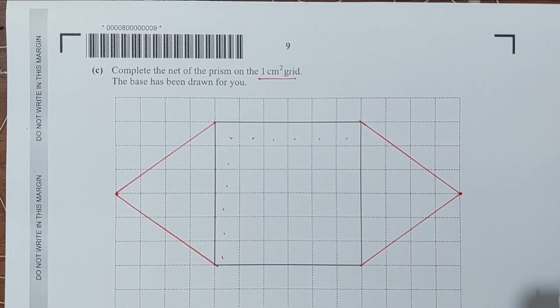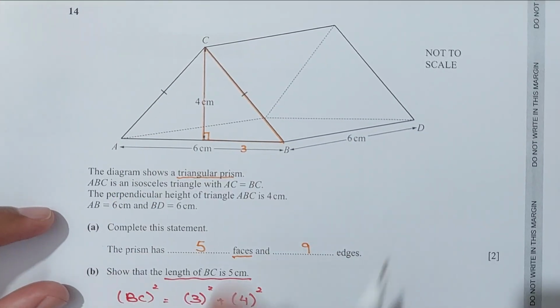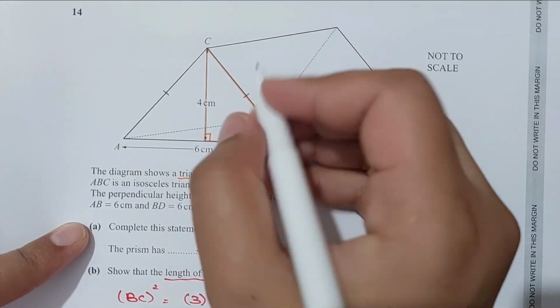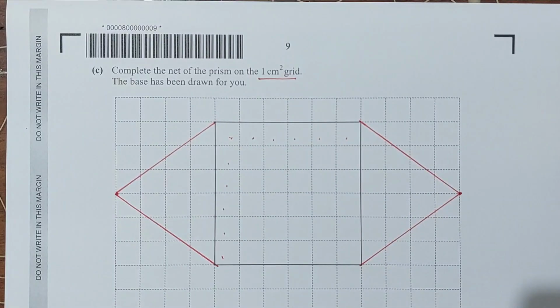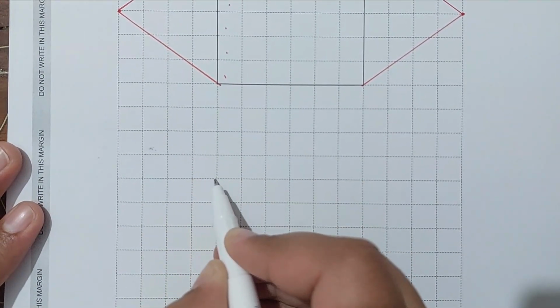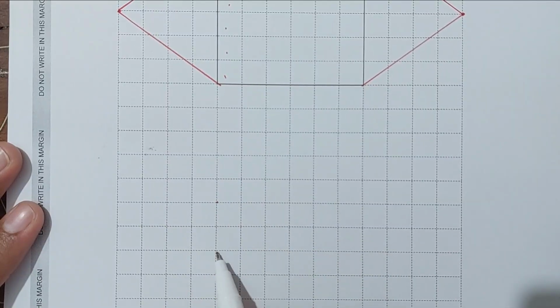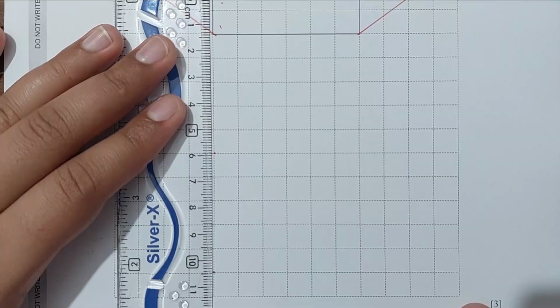Now we have to draw this rectangle and the back rectangle, which have a size of 6 by 5. We found BC is 5. So 6 by 5: 1, 2, 3, 4, 5, and then 1, 2, 3, 4, 5. Okay, let me draw this.